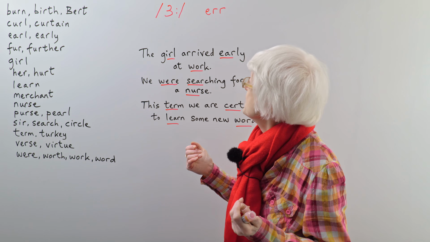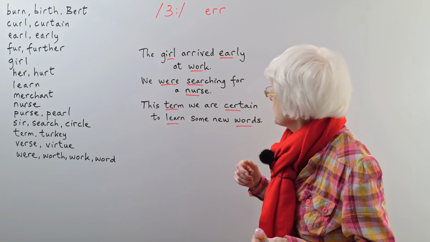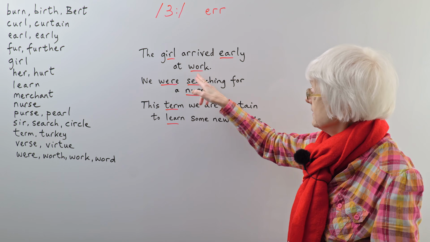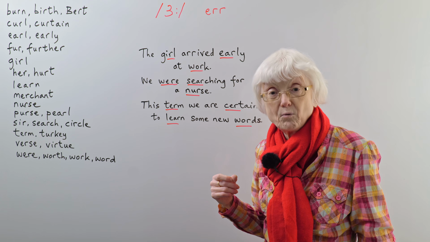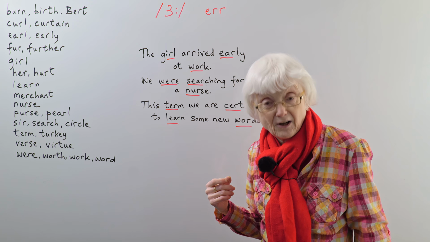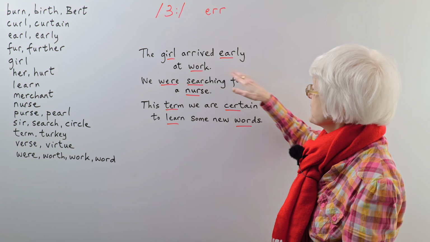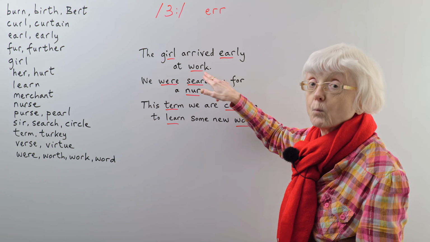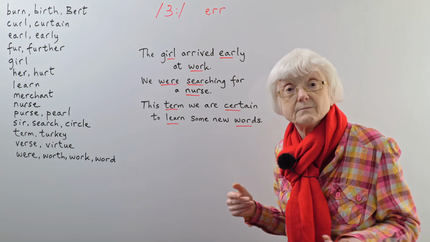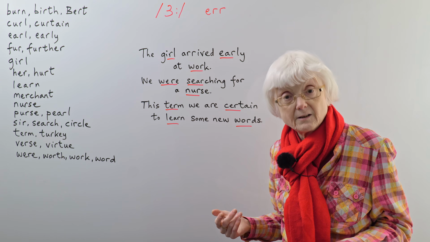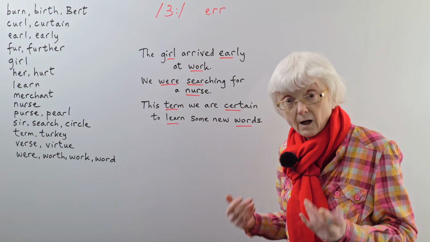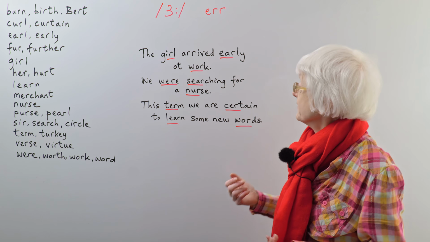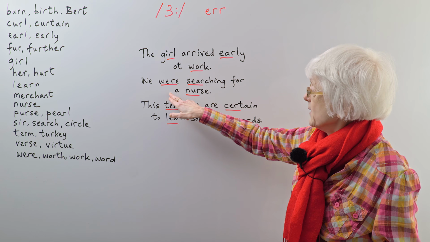Okay, good. So then we have just 3 sentences to practice on, and I've underlined in red the words that contain the sound. So we've got the girl arrived early at work. So repeat after me. The girl arrived early at work. Right. Next one.